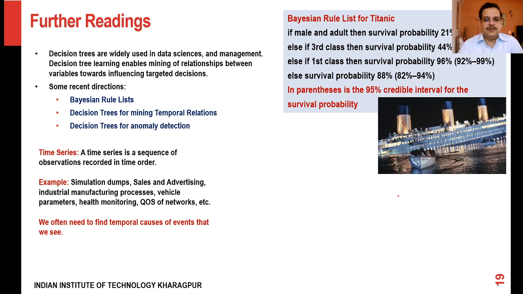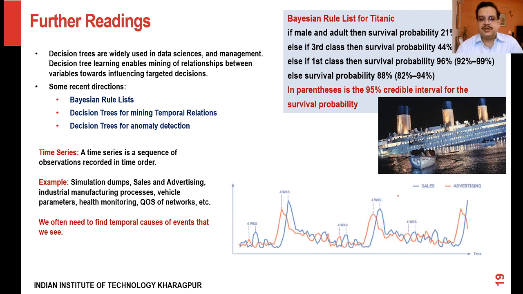And we often need to find out, particularly in case of unstructured time series data, the temporal causes of events that we see. So for example, if you look at the sales of a company, and you have two curves here, one is for the sales and the red one is for advertising, and I want to find out some pattern between the advertising and the sales.